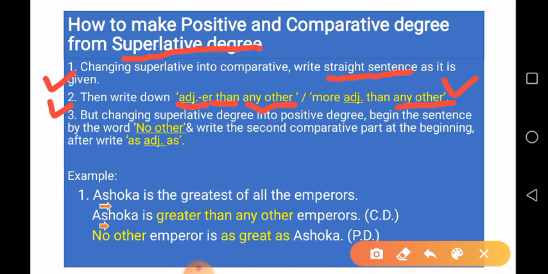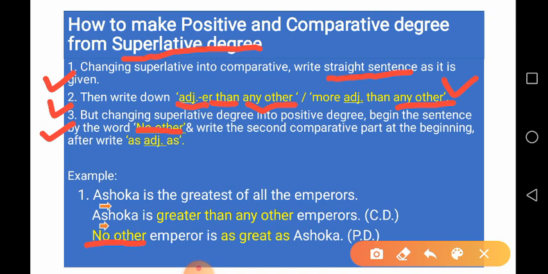But when we make a positive degree of a comparative or a superlative degree, we begin a sentence with no other. Here you can see a word no other.